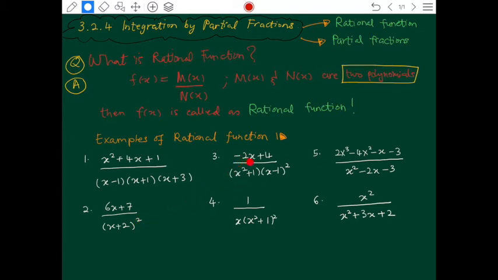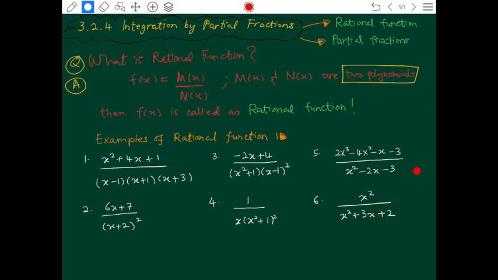This is negative 2x plus 4 over x squared plus 1 times x minus 1 squared. This one is 1 over x times x squared plus 1 squared. So basically all these are examples of rational functions.